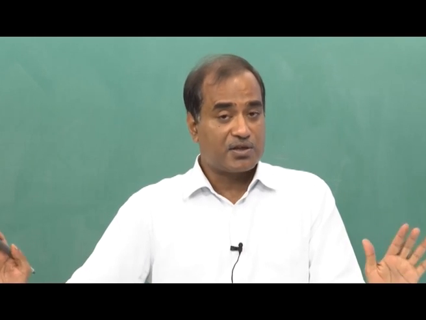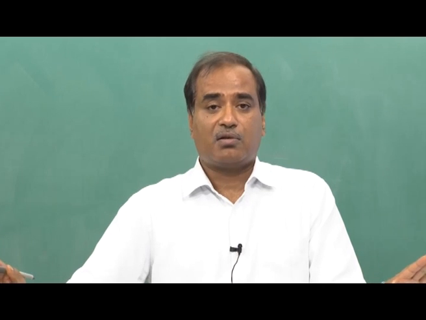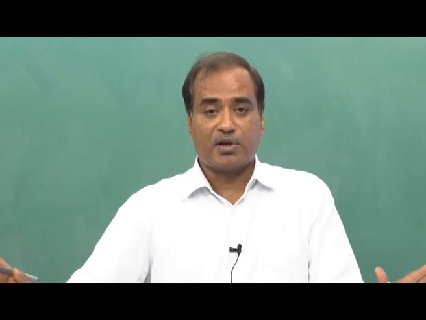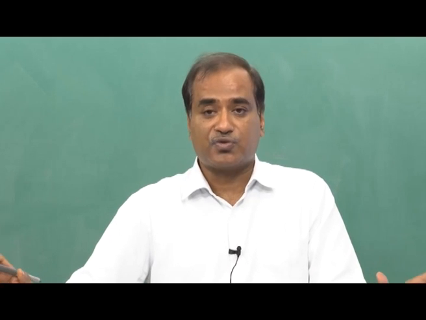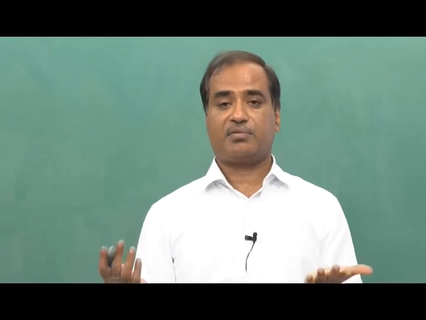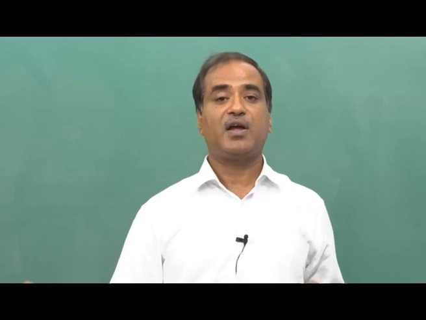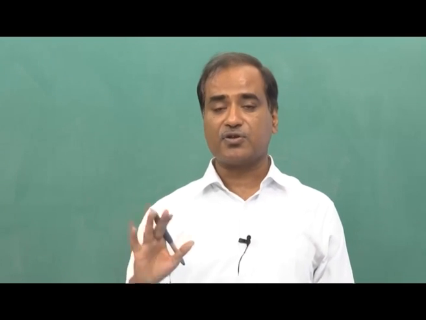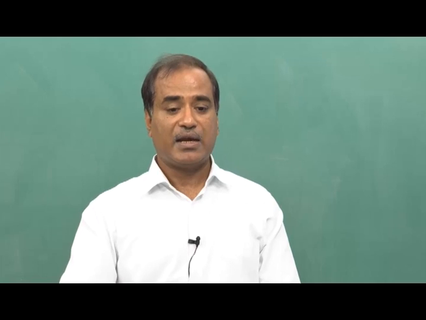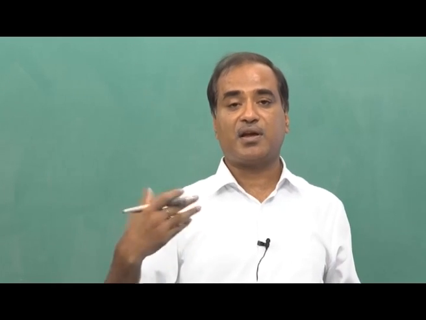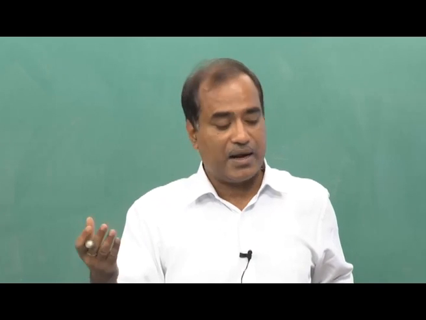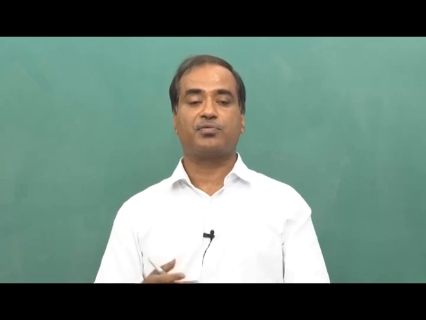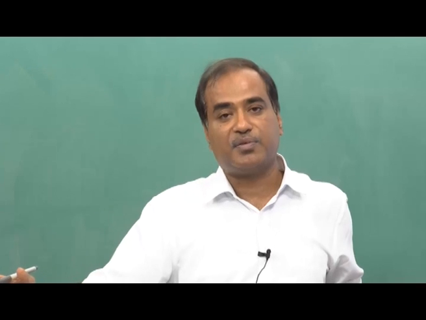Remember one thing: residuals are random variables, errors are random variables, and I am not estimating the random errors by residuals, but they will look as if they are the values of random errors, and these residuals help us a lot in obtaining information about my random errors. And this we will discuss in the forthcoming lectures.